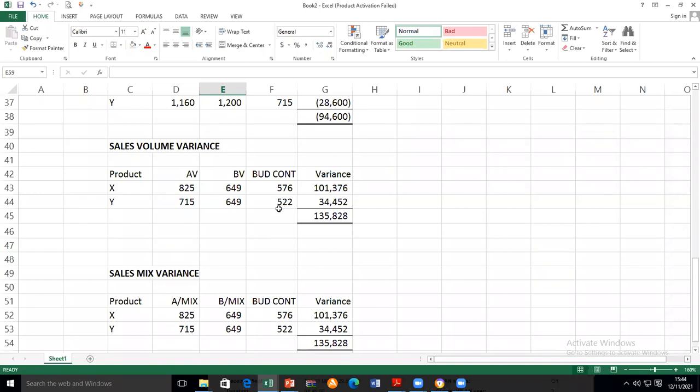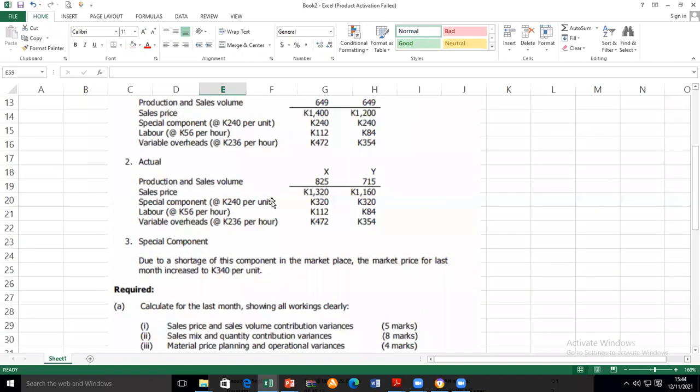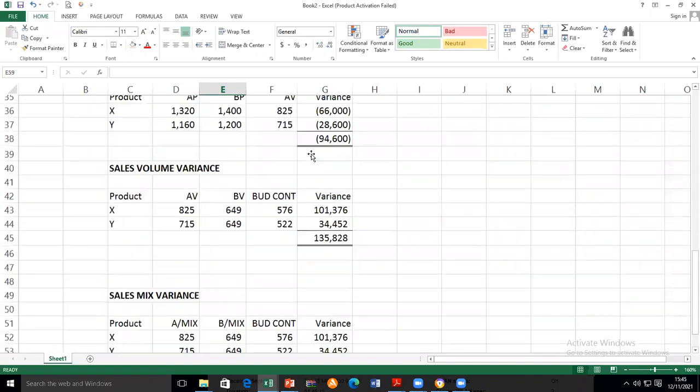Oh, I see. Yes, they are correct. I noticed when they were doing the solution, they missed it because they used the 320 here instead of 240.